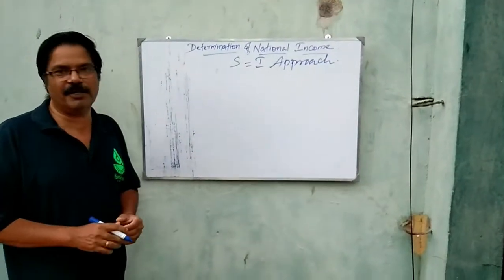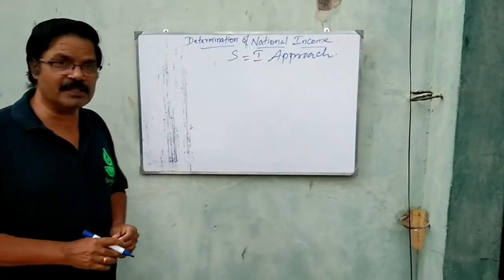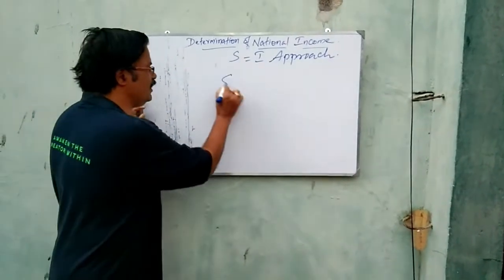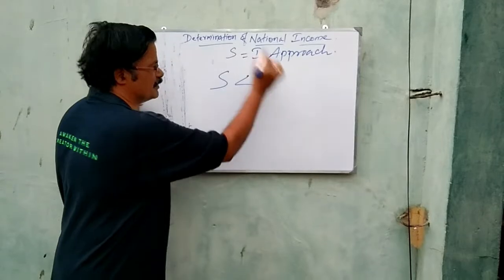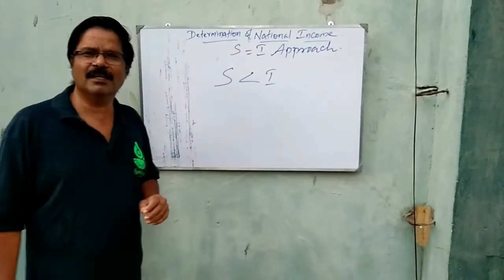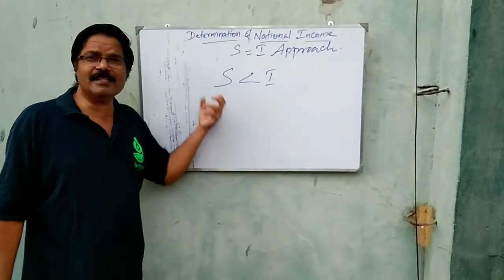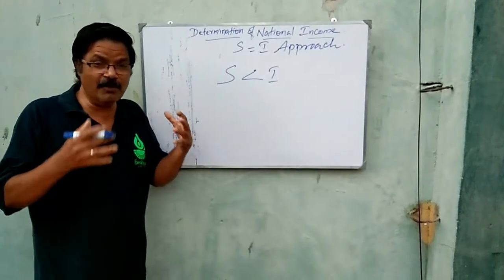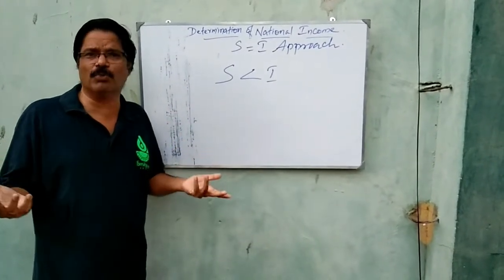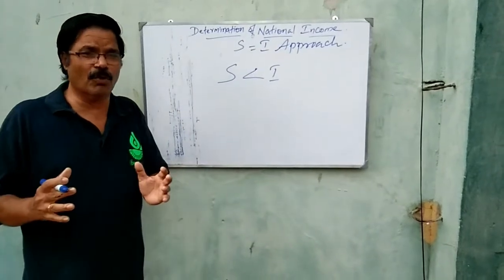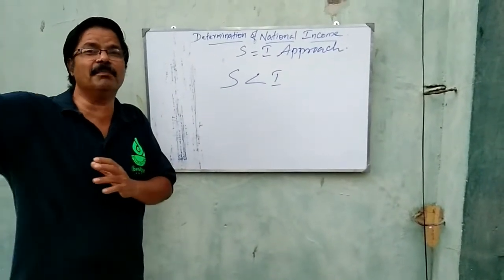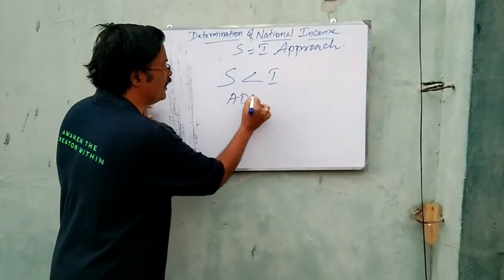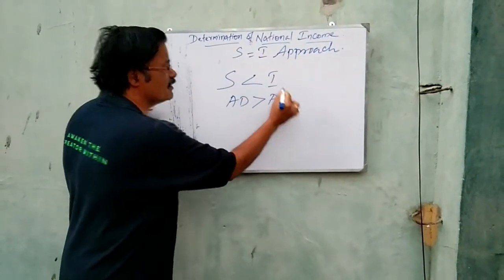In the schedule which we have already seen, you might have noticed that up to the income level of 30, saving is less than investment. What does it mean? Less saving means more consumption. When people save less, it means they consume more. So when they consume more, aggregate demand will be higher. So aggregate demand will be greater than aggregate supply.